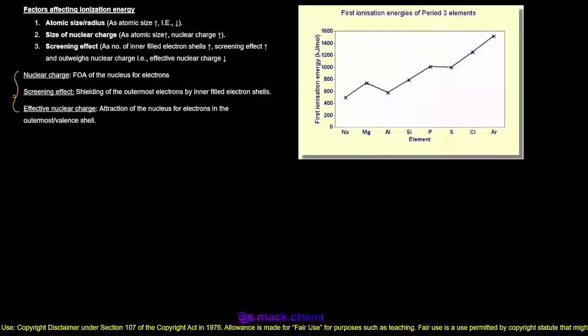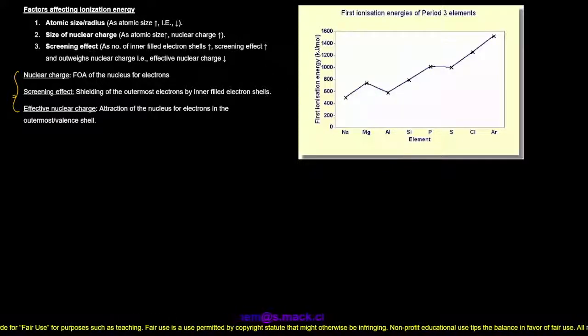So for example, this would be the atomic radius, the distance between the nucleus and the valence shell. Twice the amount of atomic radius would be atomic size. So either term is acceptable: atomic size, atomic radius.